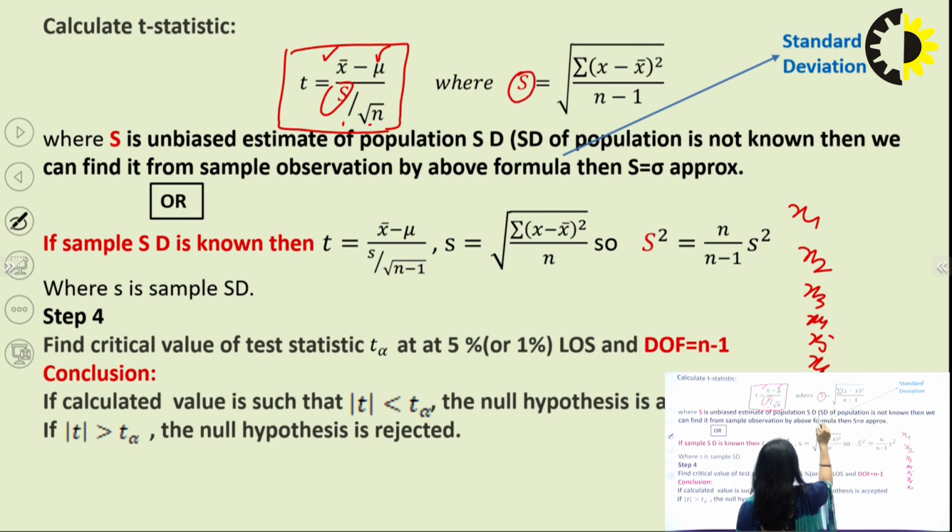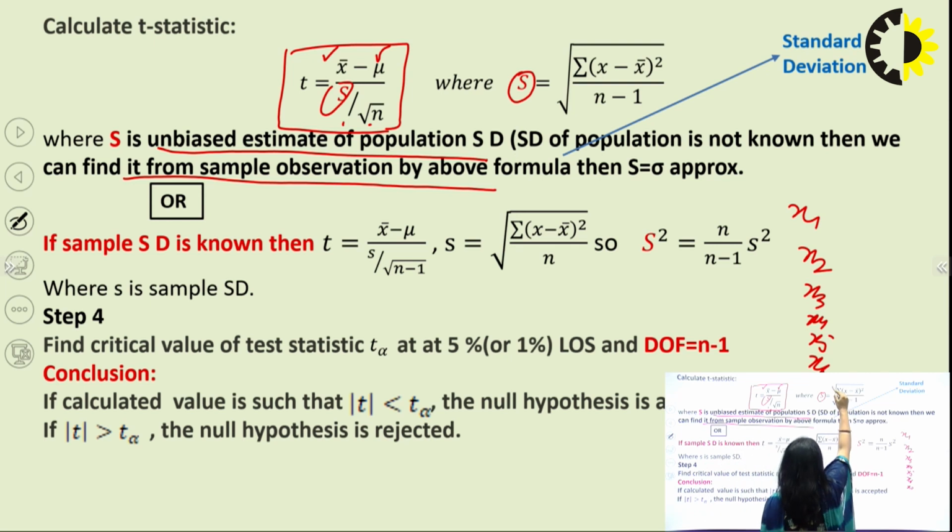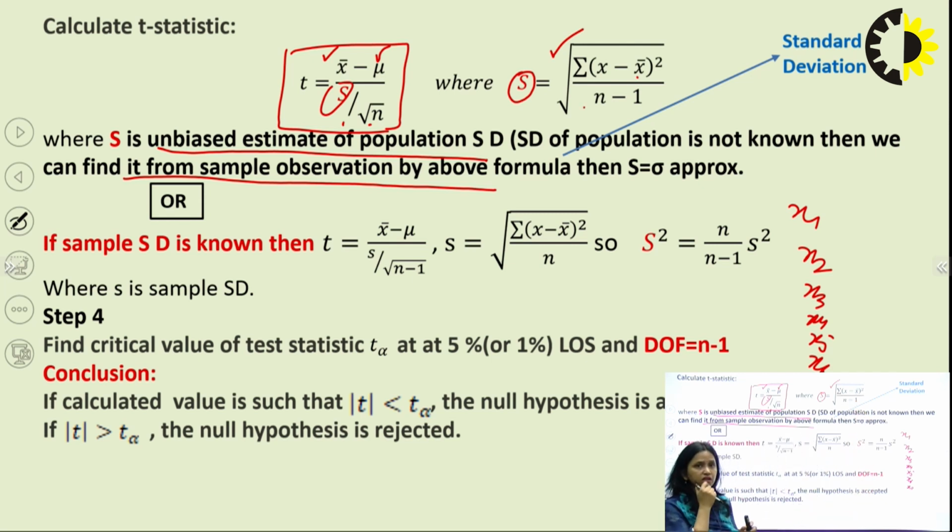Capital S is the estimate of the population standard deviation obtained from the sample observations. If we are going to find the standard deviation of the population from the sample, we apply this formula: root of summation (x minus x bar) raised to the power 2 upon n minus 1. What is the difference? If you remember the formula of standard deviation, we divide this sum by n.